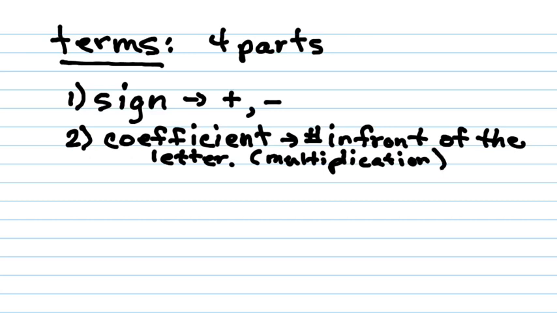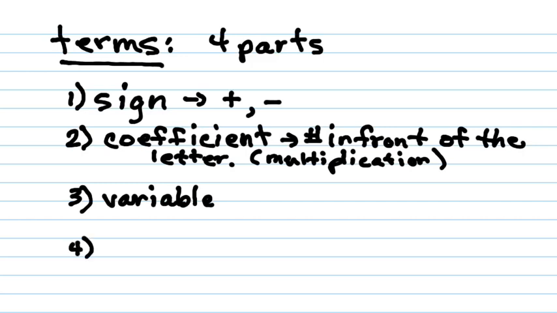And we'll talk about that in just a second, and put together some examples of terms, and then we'll break them apart. Okay? The next part is the letter, and the letters are always called what? Variables, right? They're variables because their values can vary depending on how they're used in a sentence.